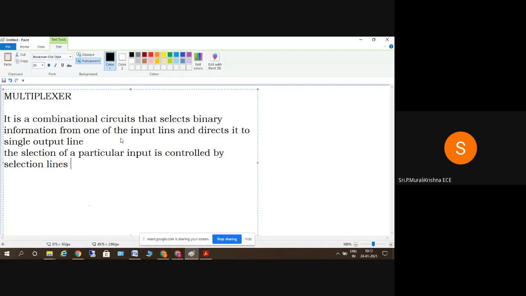We'll have only one output, so the multiplexer gives only a single output: multiple inputs, single output. One among the multiple inputs is directed towards the output line. Clear? Am I getting my point across?